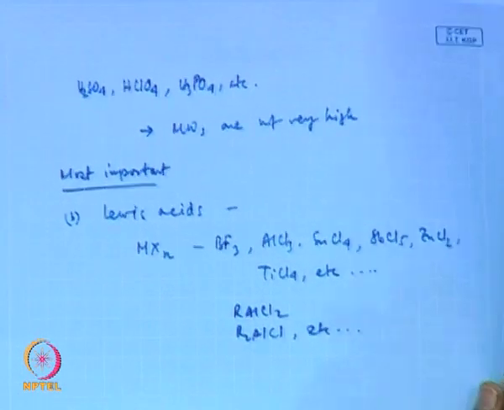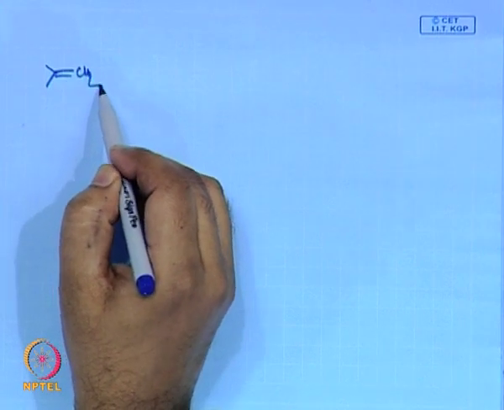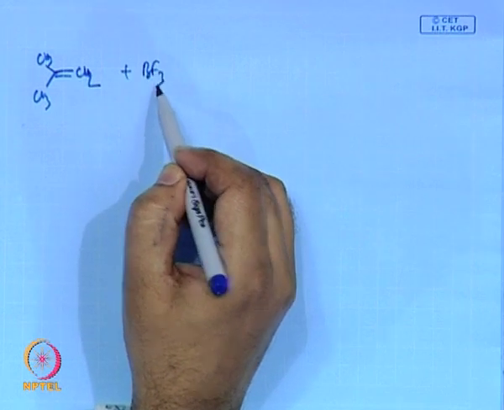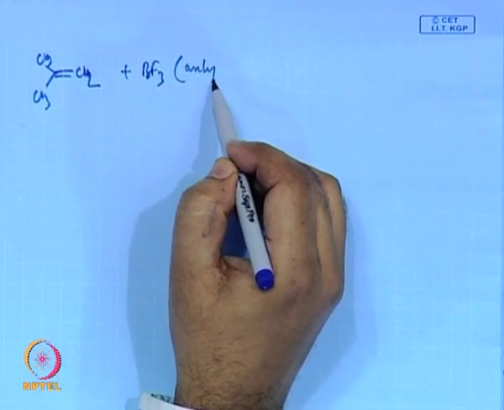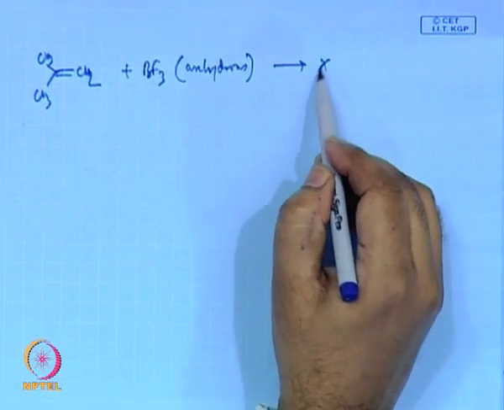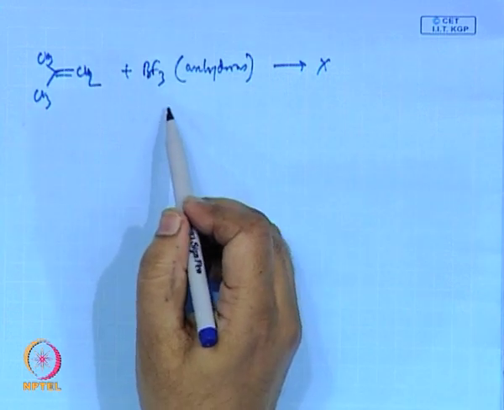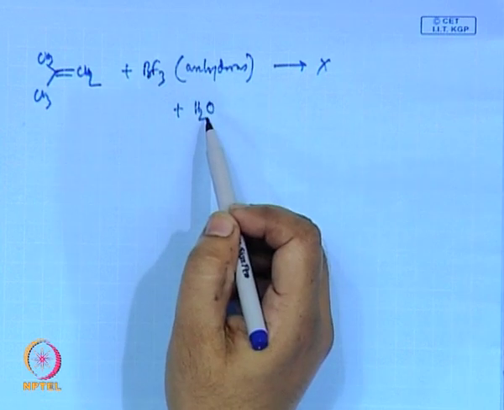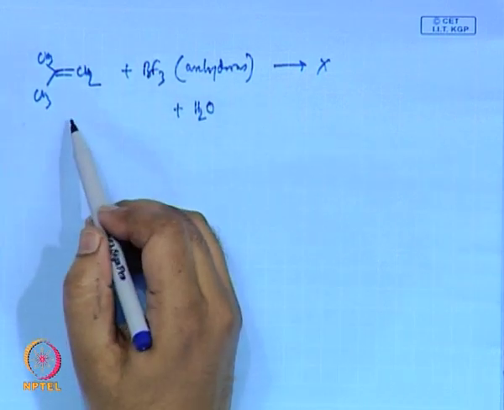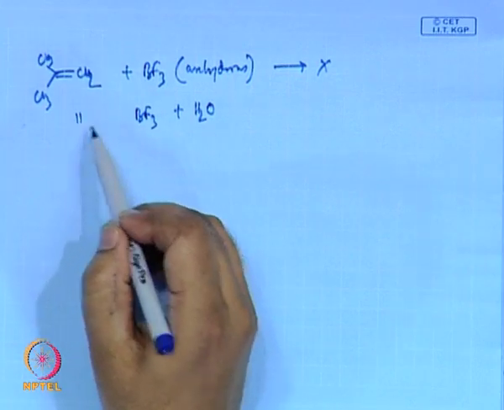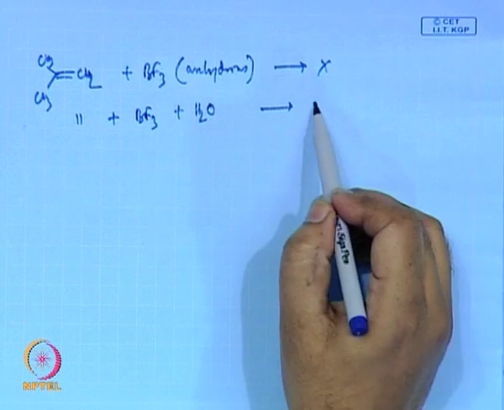For example, if you take the reaction of isobutylene plus anhydrous BF3, there is no reaction. But the moment you add a little bit of water, BF3 plus H2O, there is a rapid reaction.